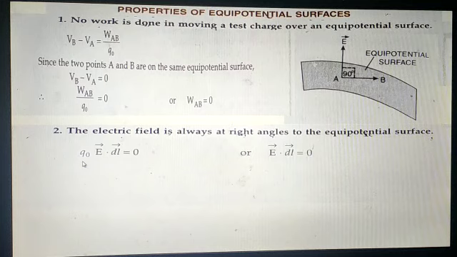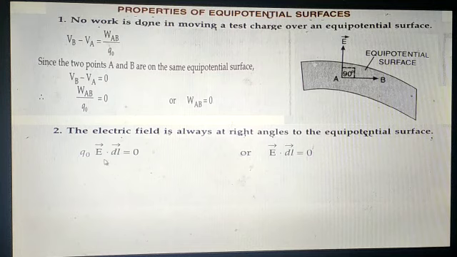To move Q0 charge, it will be Q0 into E dot dl. This expression we derived earlier when the relation for potential difference was considered. Here E dot dl is the amount of work done to move a unit positive charge. For Q0 charge, Q0 into E dot dl, we have already calculated the work done to be 0. So the work done is 0 here.